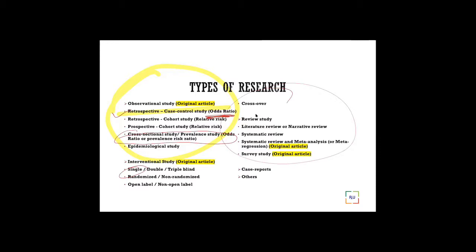Second is randomization and non-randomization. Usually intervention studies are randomized or non-randomized. When we talk about randomization, for example, we do not want to be biased in the selection of a particular community, a particular disease, or a particular group.